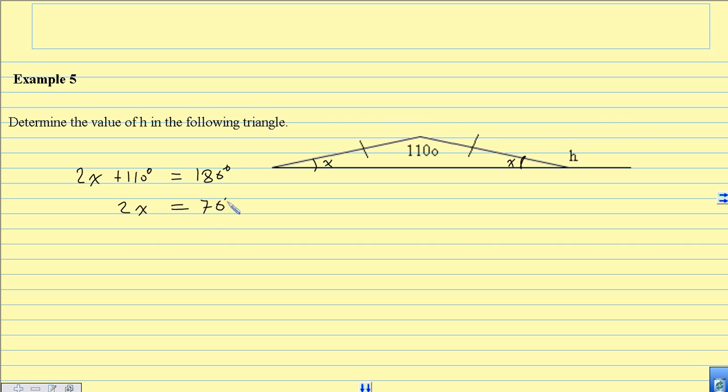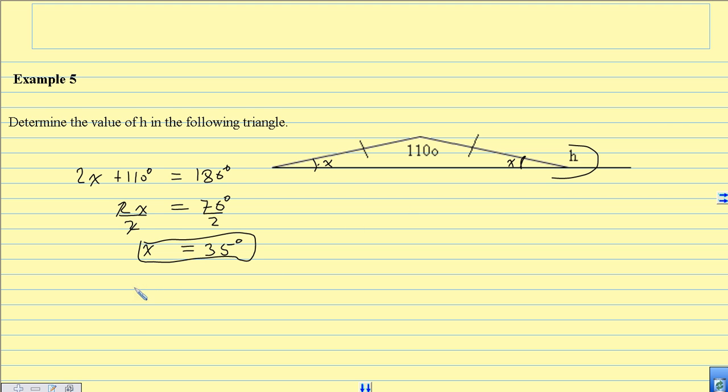70 degrees. And that means that if I divide by 2 and divide by 2, then x is equal to 35 degrees. That's x. But I want to find out what h is over here. So remember from our previous example that this angle and the 110 degrees have to add up to h.